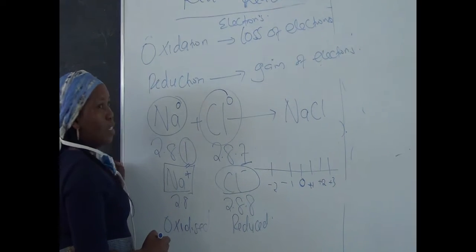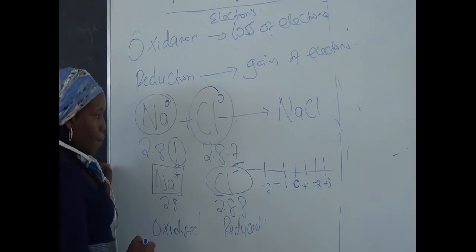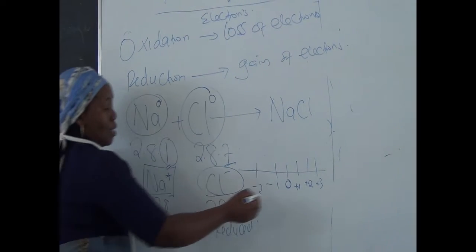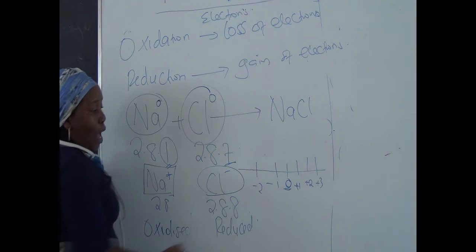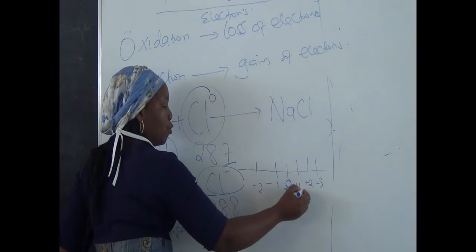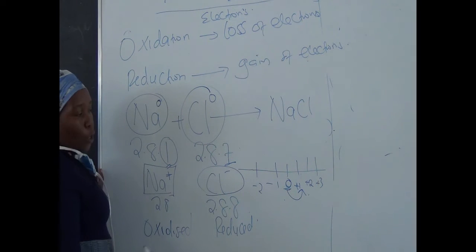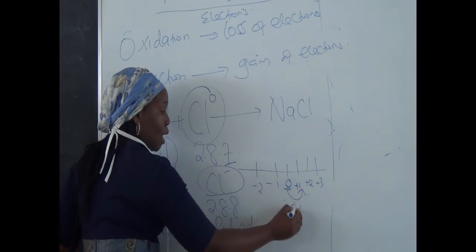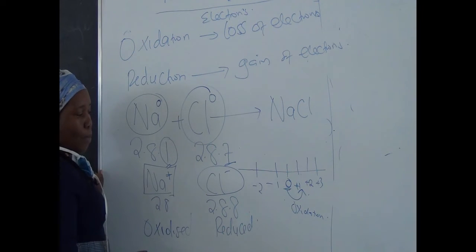If it doesn't have a sign in front of it, then it is automatically a positive. So we were at 0 when we were starting with sodium, and then we have moved from 0 to positive 1. That is an increase, so that automatically becomes an oxidation.